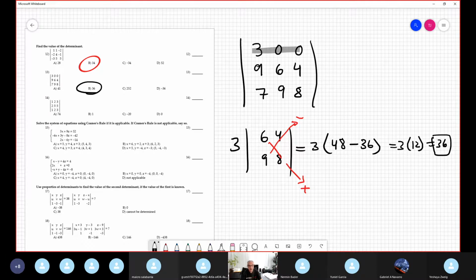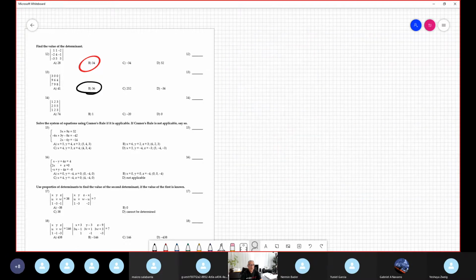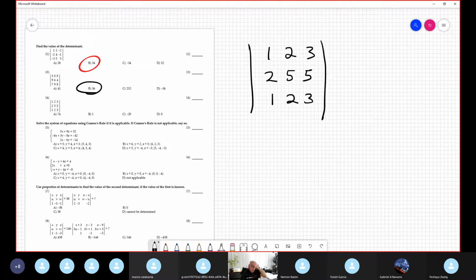Number 14 is super easy. Why? Because look, we have in that determinant 1, 2, 3, 2, 5, 5, 1, 2, 3. Now I know a property. When in a determinant 2 rows or 2 columns are equal, in this case row 1 is equal to row 3.